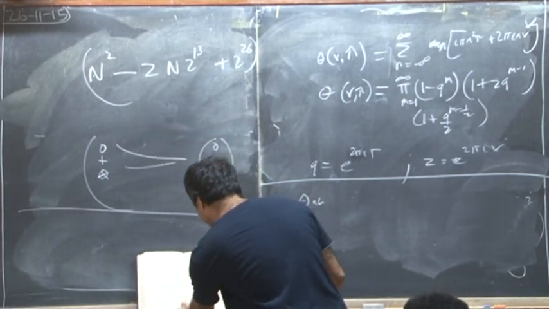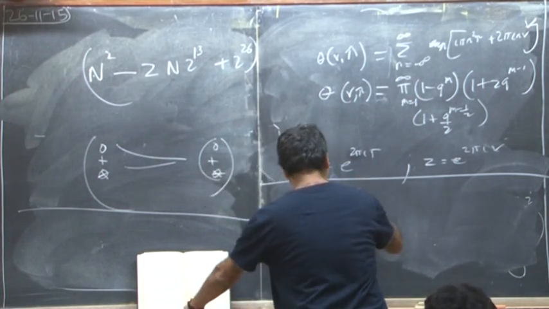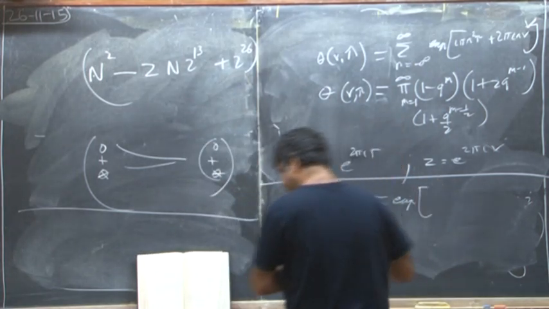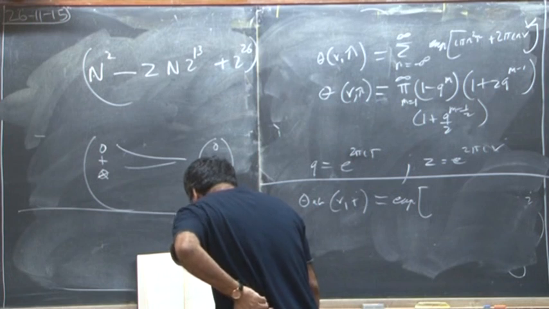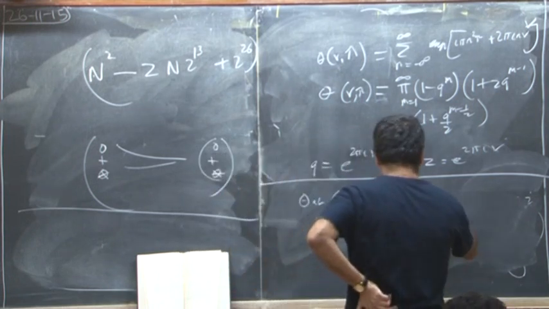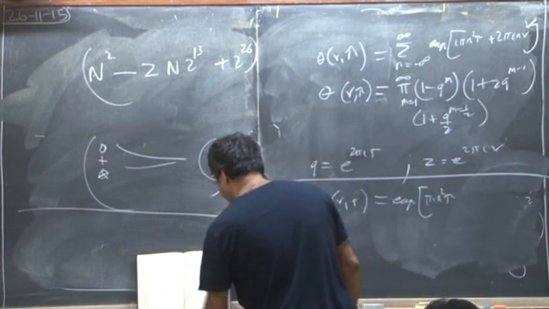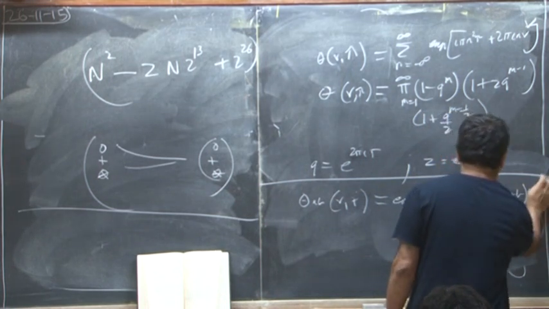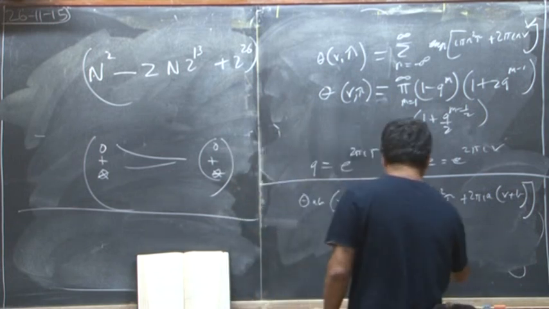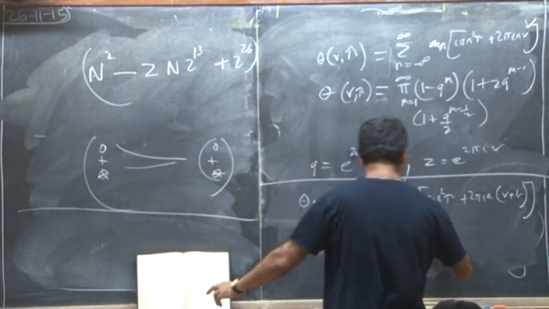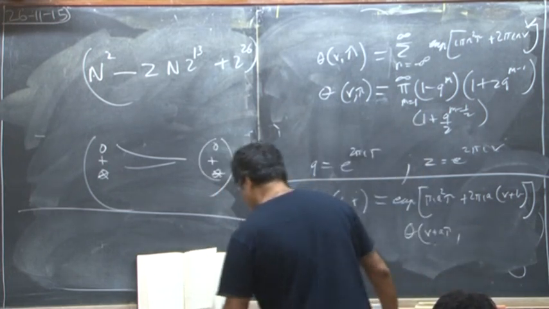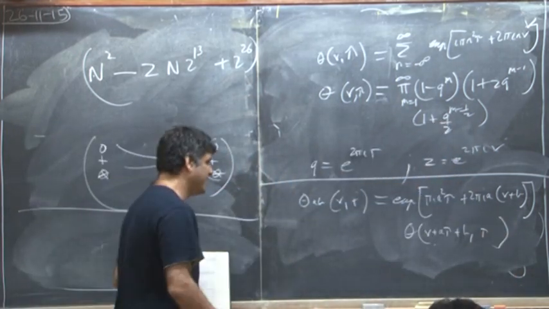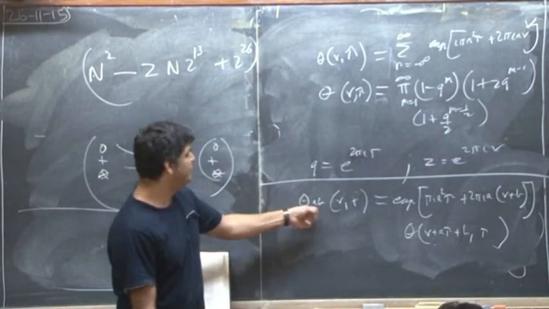Theta AB of nu and tau is equal to exponential of pi i a squared tau plus 2 pi i a nu plus b, times theta of nu plus a tau plus b. Okay, given the theta function, in terms of it you define this theta AB.